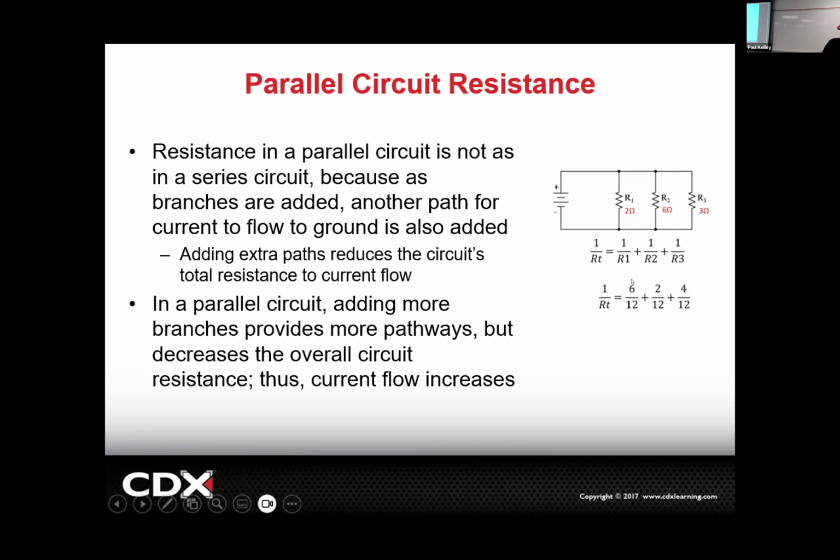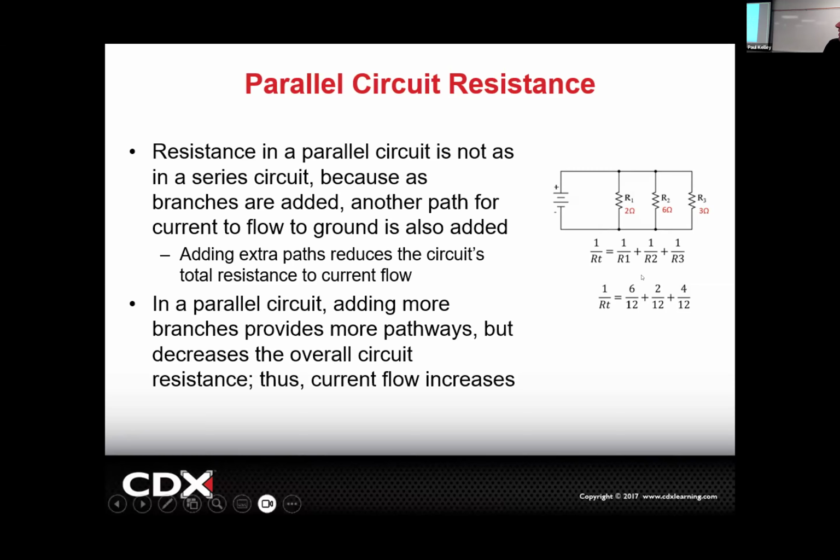So 1 over 2 is equal to 6 over 12. It just happened to be whatever a common denominator was. If we look at these, I guess we could have done 6. I don't see why we absolutely had to do 12.